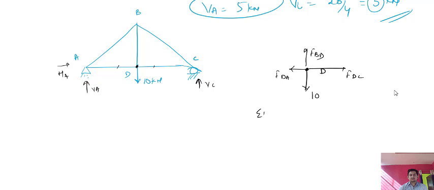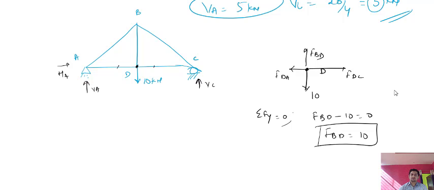So for that, summation Fy equal to 0, and FBD minus 10 equal to 0, and from here FBD will be equal to 10. If this is coming out to be positive, that means we have assumed the right direction.